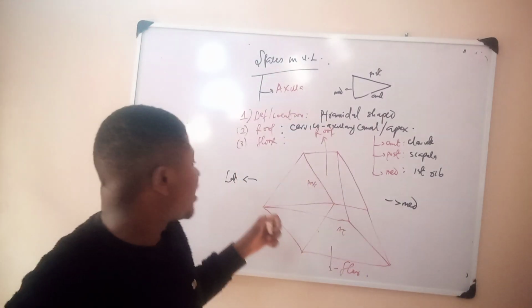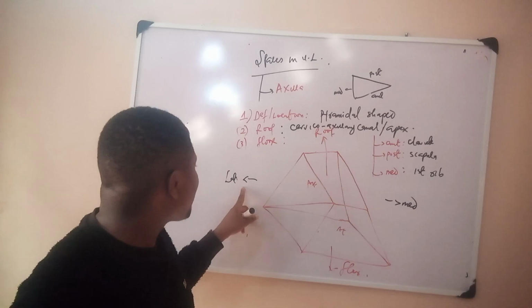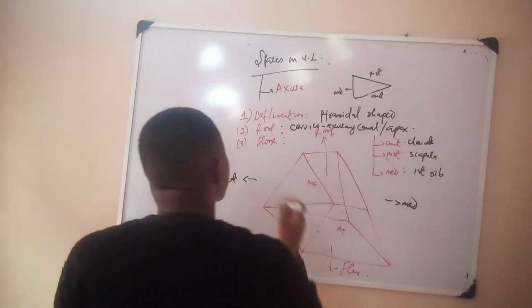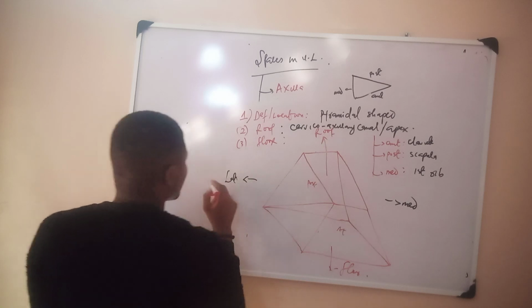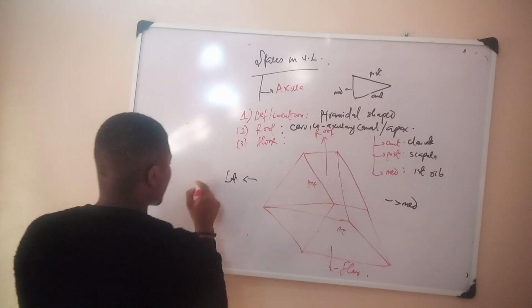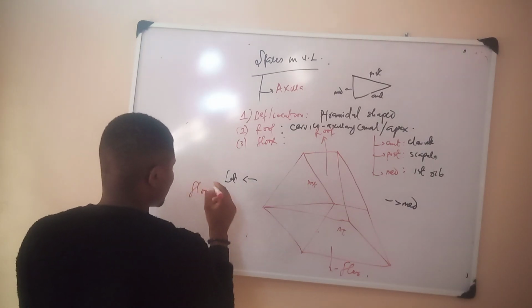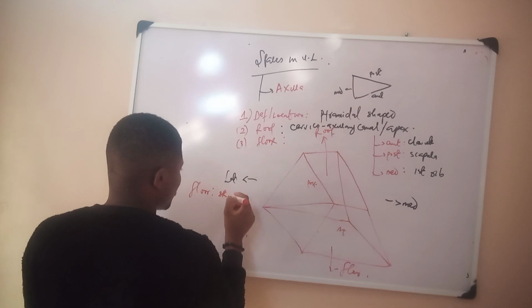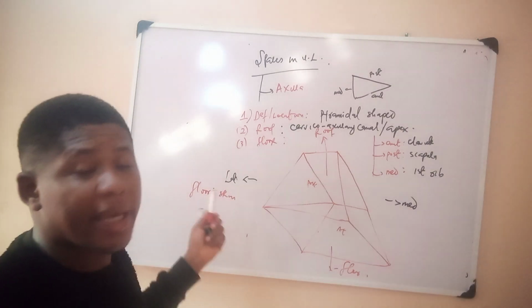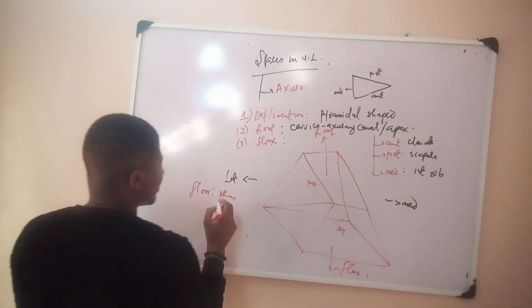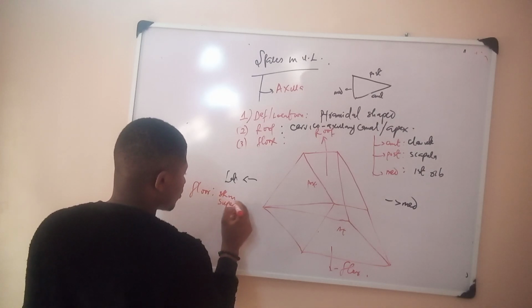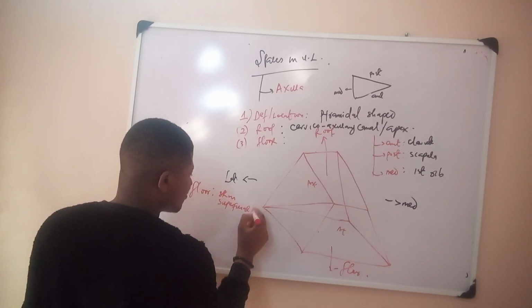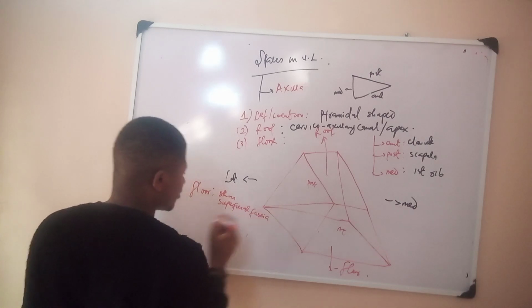So the roof is formed by... So we're looking at the floor. So the floor is formed by skin, you know, skin containing hairs. Then after skin, the next thing you see, if you remove the skin, is superficial fascia.